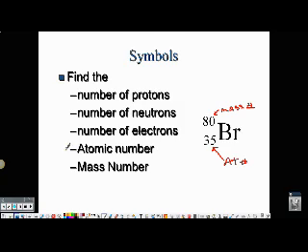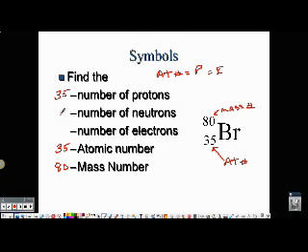So the atomic number we already know is 35. The mass number is 80. Because we know that the atomic number equals protons equals electrons, I can immediately fill in protons as 35.